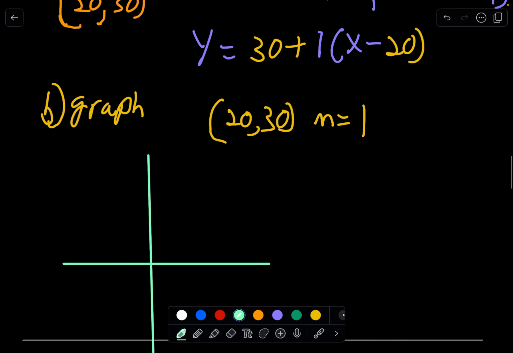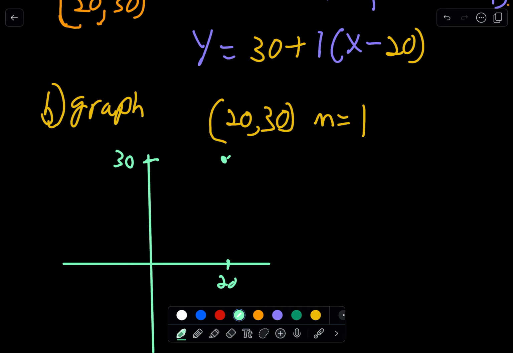So all the way over here at 20 on the x, and then up here is 30 on the y. I guess that would put that point right about there. And the slope is up 1 over 1, which would be like that.